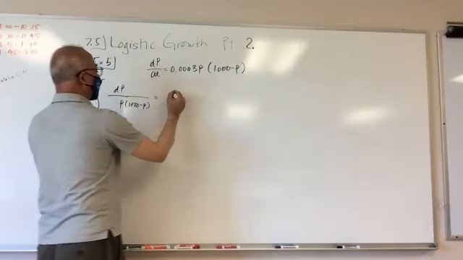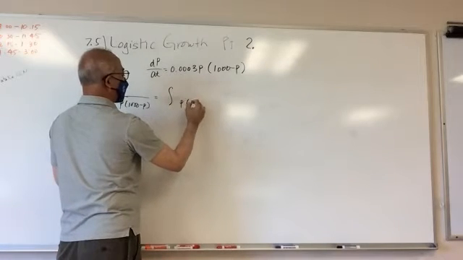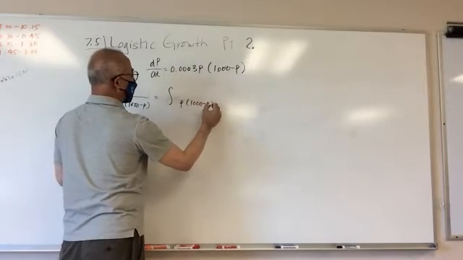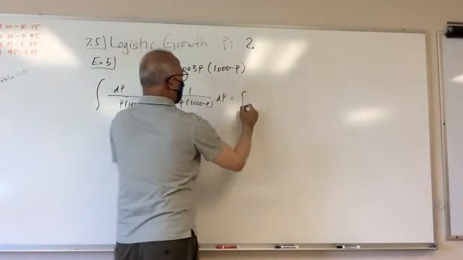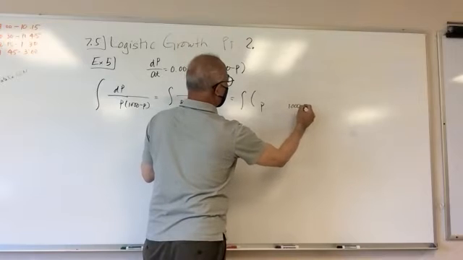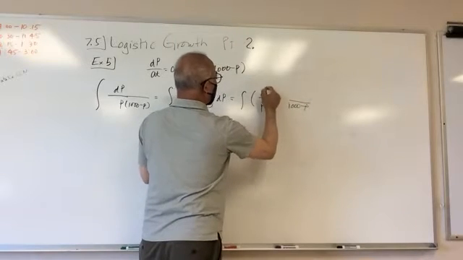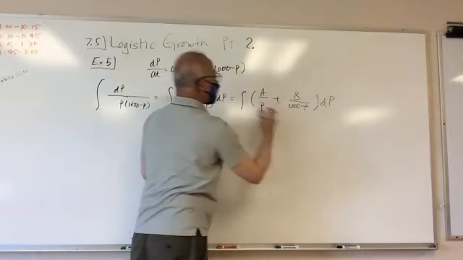So over here, I'm going to have 1 over P(1,000 minus P) dP, which is the same as A over P plus B over (1,000 minus P), because then I can do something with it.